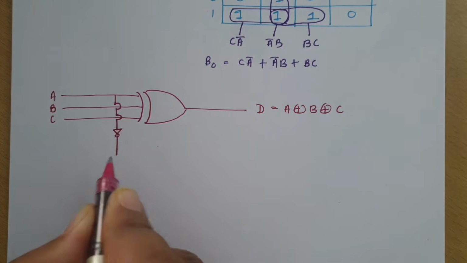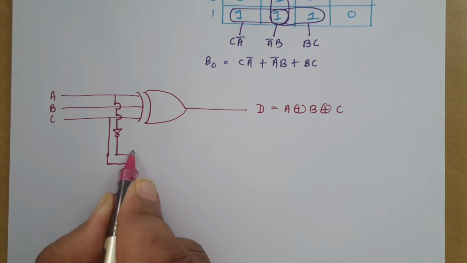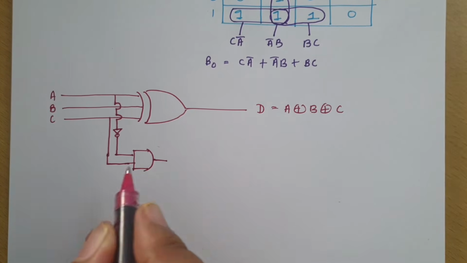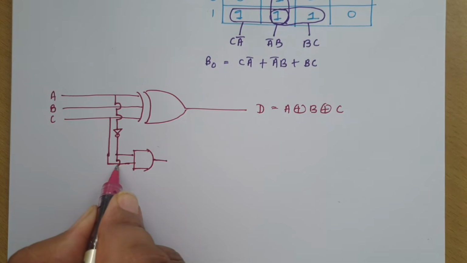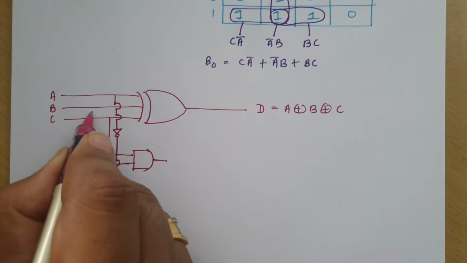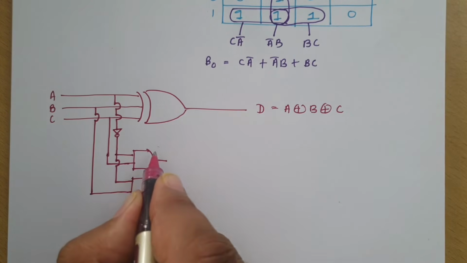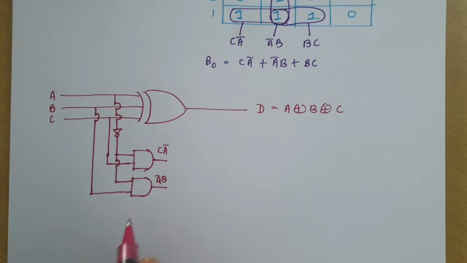Now this is A bar. Now A bar C. So this is an AND gate resulting in A bar C. Now A bar B that I need to have. So this A bar and this is A bar B. And now we need to have BC.